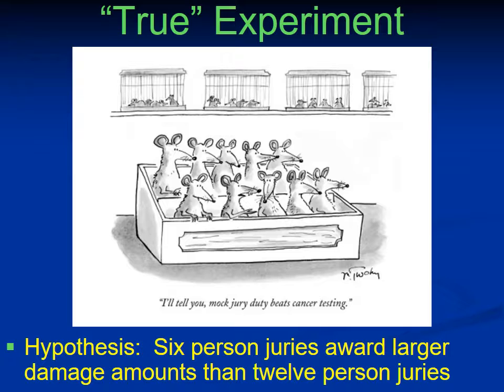We might then write up a civil trial scenario, right, and then test that scenario with mock jury panels. Despite the cartoon here, we're probably going to be using college psychology students and not lab rats to be our mock jurors.